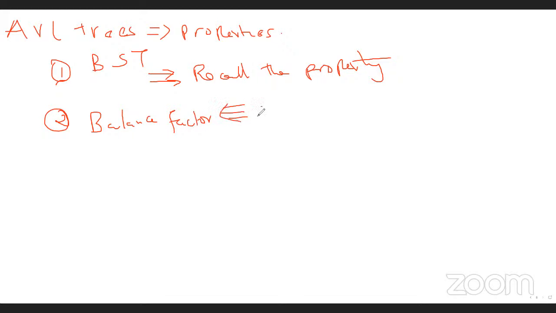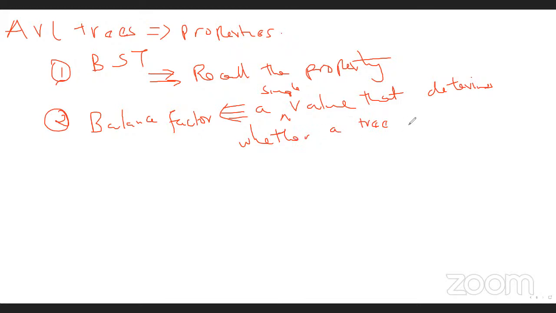a single value that determines whether a tree is balanced at a particular node.